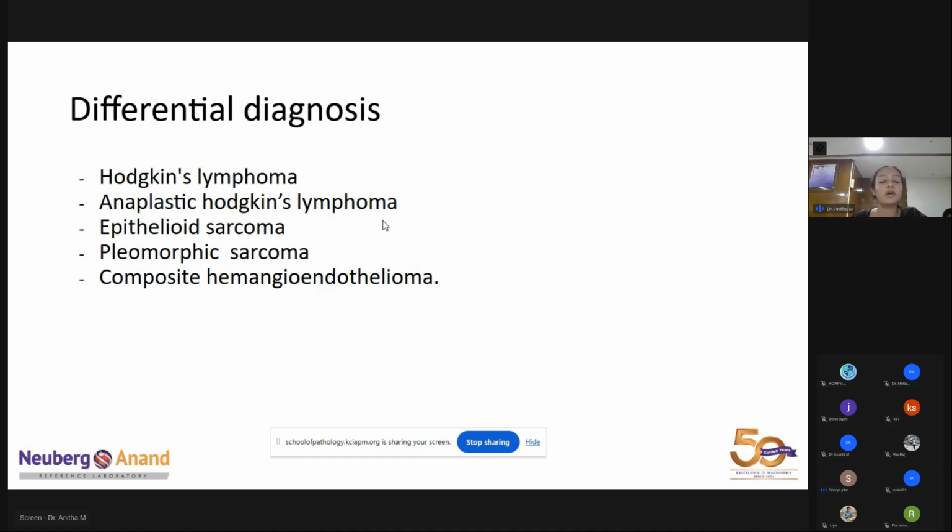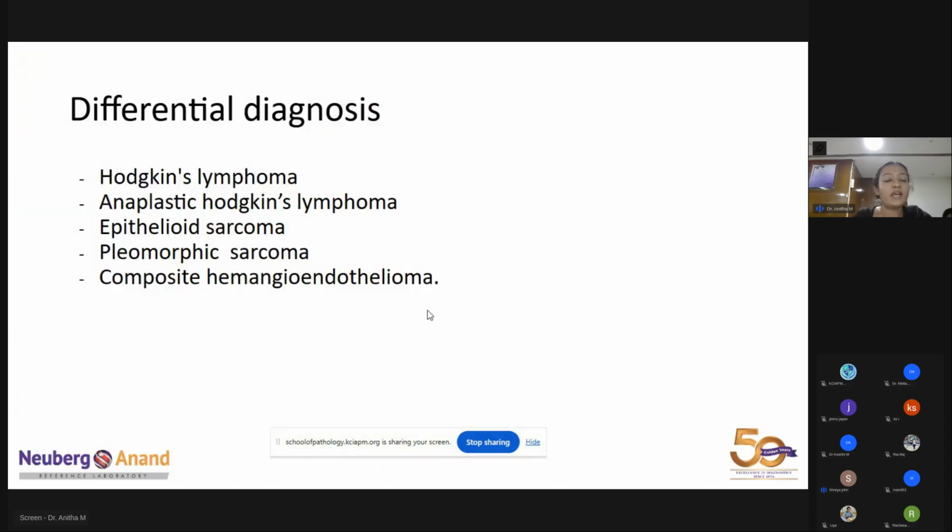Anaplastic Hodgkin's lymphoma will be associated with a lot of apoptotic bodies, mitosis, and necrosis. And why is it not epithelioid sarcoma or pleomorphic sarcoma? Again, because there's no necrosis and no mitosis, and it is a well circumscribed tumor. Composite hemangioendothelioma, I already told, will have multiple morphological patterns along with being a highly infiltrative lesion.